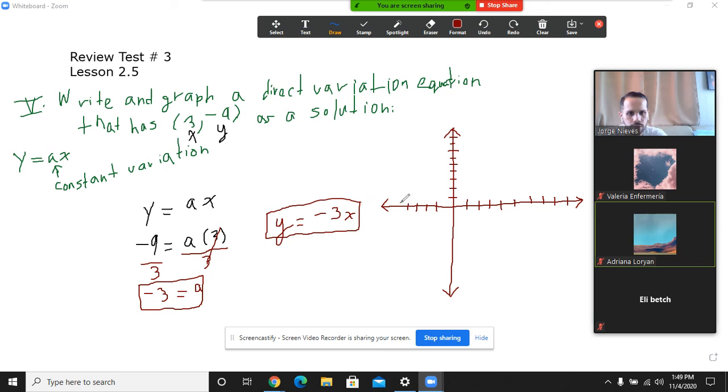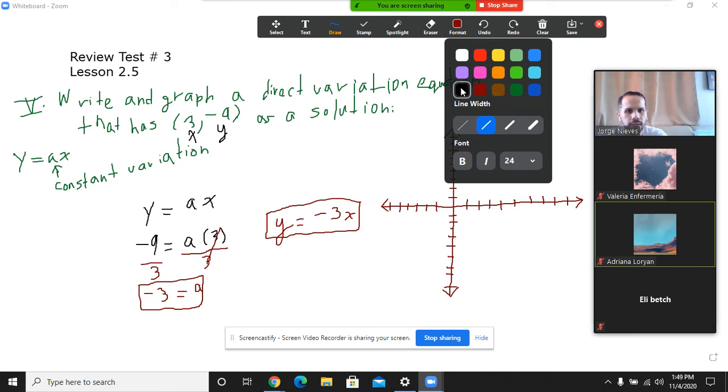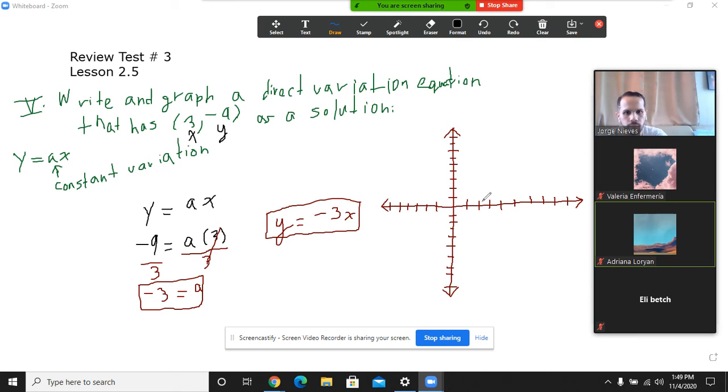Negative... 1, 2, -3, -4, -5, -6, -7, -8, -9. Okay. So let me find that order pair I have, 3 and -9. So that is around +3 and -9 is going to be around here, right?